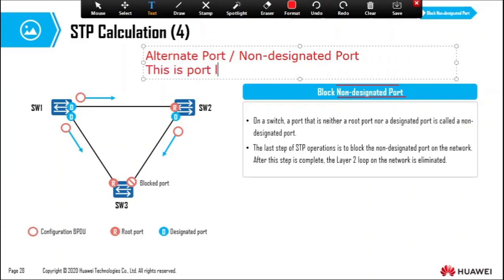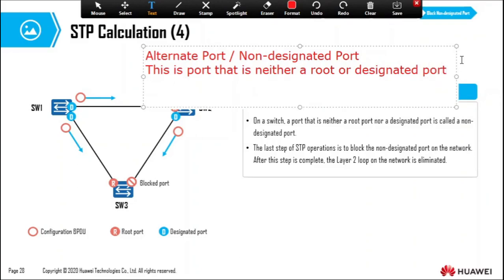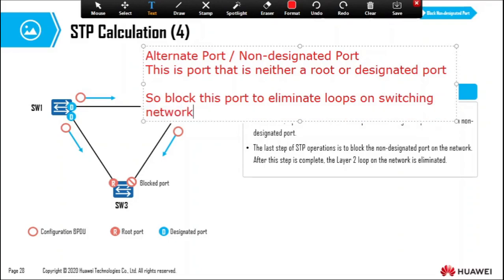This is a port that is neither a root nor a designated port. So we block this port to eliminate loops on a switching network. We simply block this port.